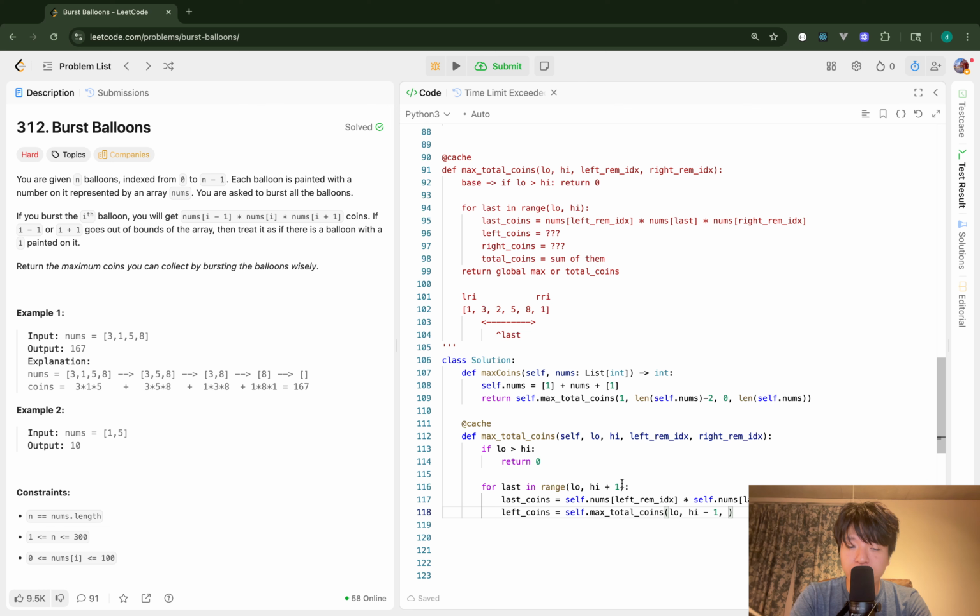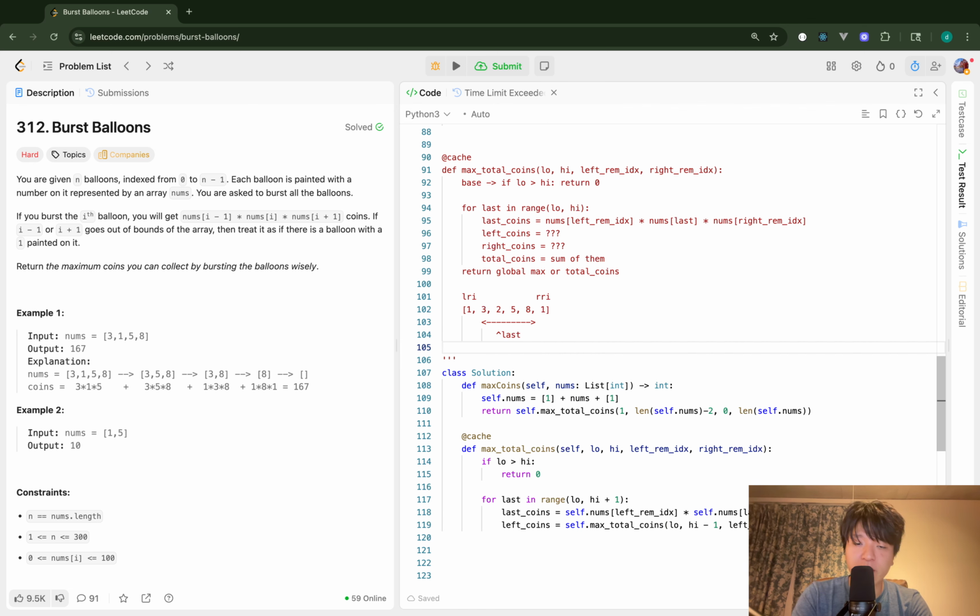And left remaining index doesn't change. Yeah, because there's no change on the left hand side segment. But for the right remaining index, maybe there's a change. So I will take a look. So if this is chosen, the remaining range is this on the left hand side.